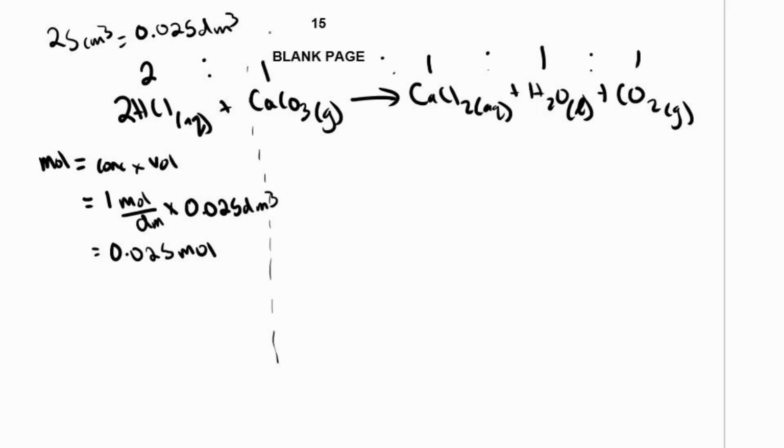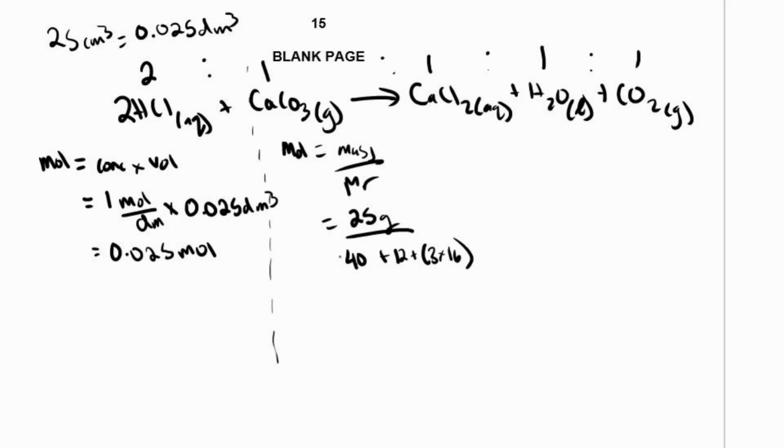Now we need the calcium carbonate. This is a solid, so moles equals mass over relative molecular mass. We have 25.0 grams divided by the molecular mass of calcium carbonate. Calcium is 40 grams per mole, plus carbon, 12 grams per mole, plus 3 times oxygen, which is 3 times 16 grams per mole.